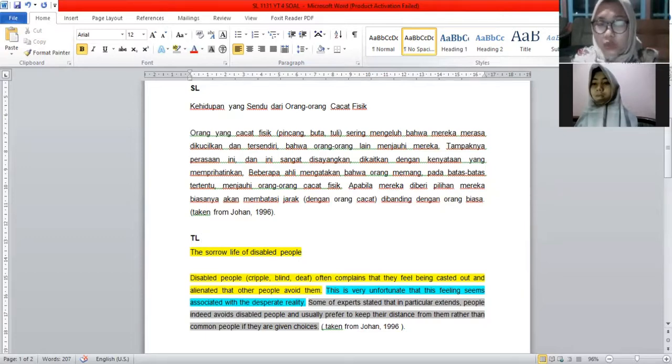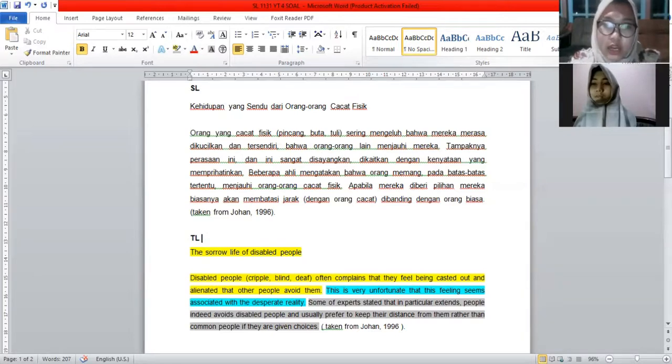So here we use literal translation procedures where we translate it word by word, and we didn't change the structure. The "kehidupan yang sendu" in the target language is "the thorough life," "dari orang-orang cacat fisik" is "of disabled people." It is also the same with the first sentence of the text.